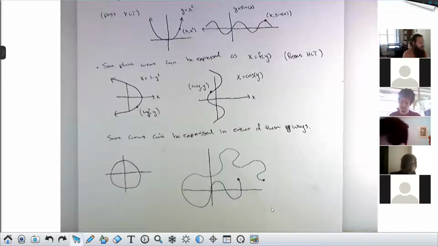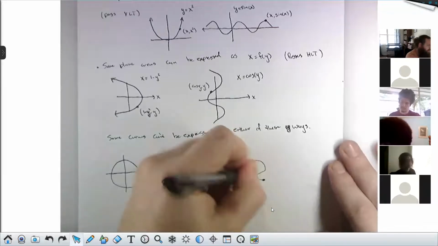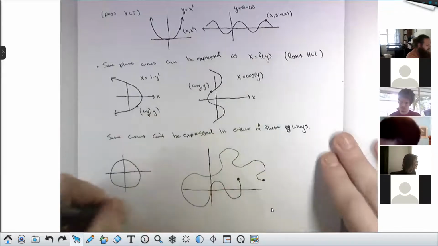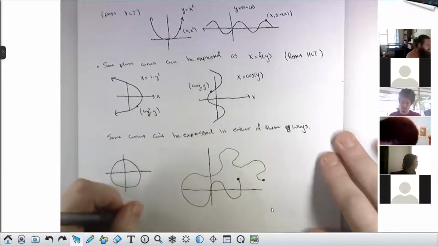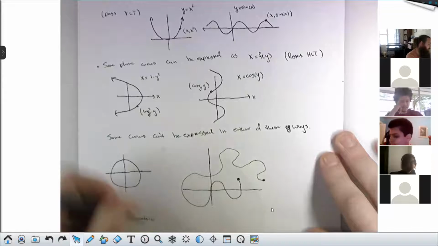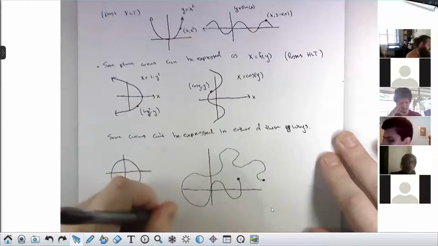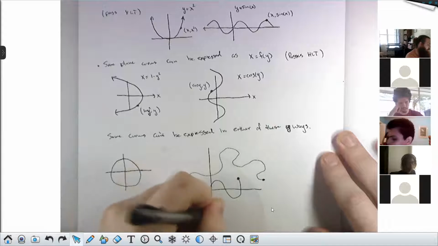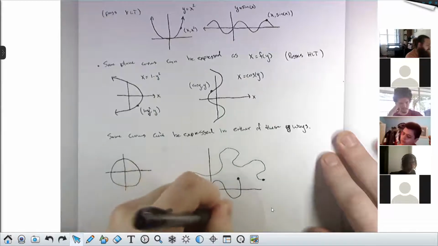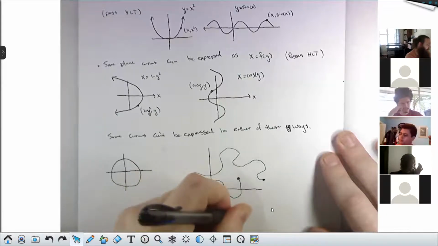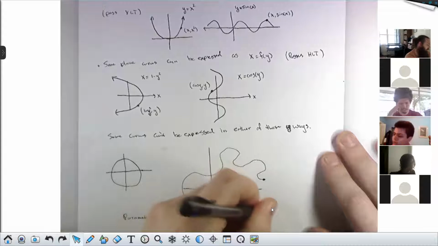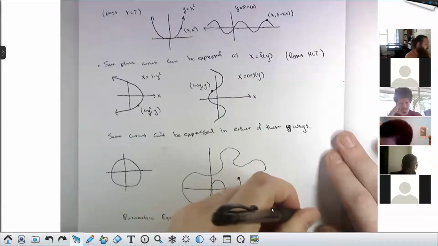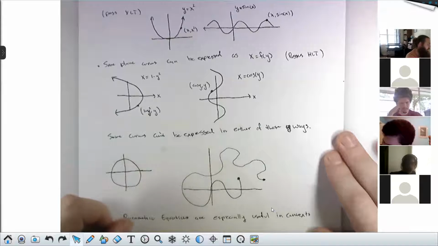And the answer is yes. Parametric curves, or parametric equations, are an especially useful tool for things like these. They can be used in other contexts too, but they are especially useful in contexts like this.